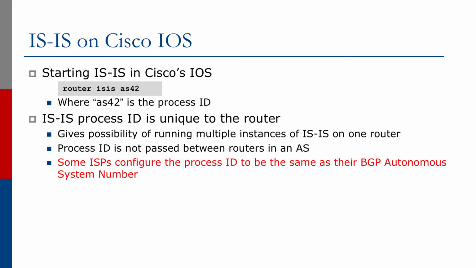That same process ID has to be used on all interfaces that are participating in ISIS on that router, and it avoids configuration accidents and errors happening within the network. The process ID is not passed between routers in the autonomous system. It is unique just to the router and gives the possibility of running multiple instances of ISIS on one router if desired.